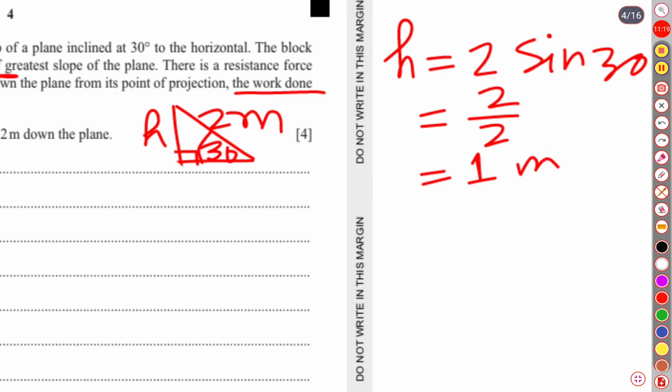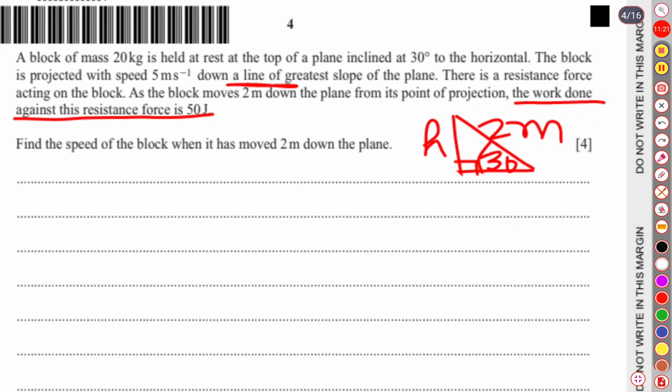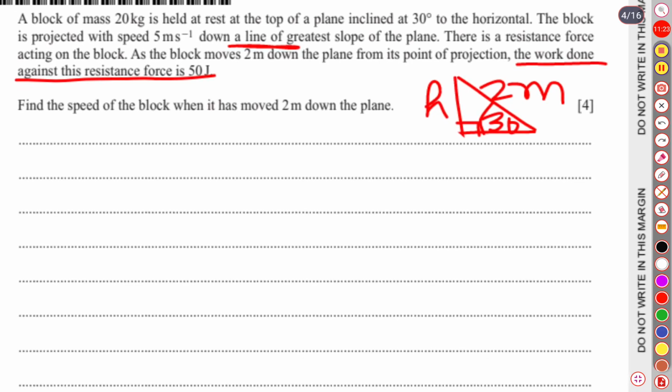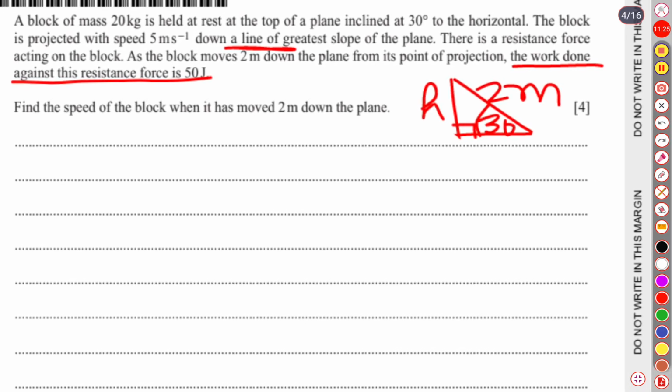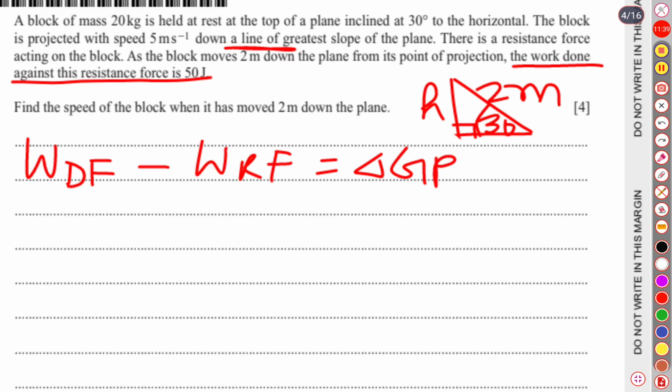Now we are going to apply the concept of the work energy equation, because they have already disclosed that we should. What is the work energy equation? Work done by driving force minus work done by resistance force is equal to change in GPE, gravitational potential energy, plus change in kinetic energy. About the driving force, is there any driving force or not?